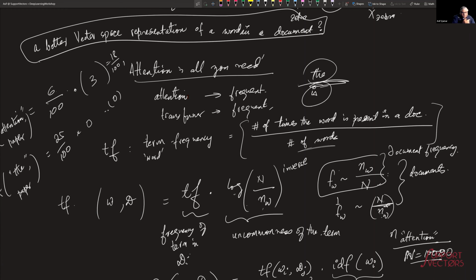So now let's go back. All right, I had the word attention in a paper. It happened relatively 6 out of 100 words for attention. And when I multiplied by its inverse document frequency, that essentially is log rank in some sense, it has a value 3. And on the other hand, what happens to the stop words? They have an IDF value of 0.